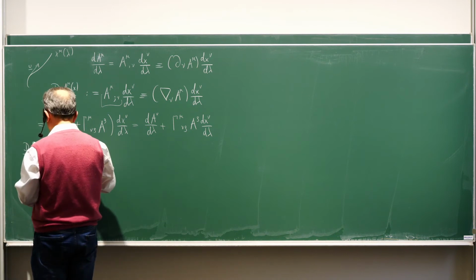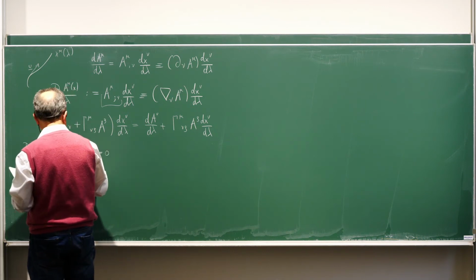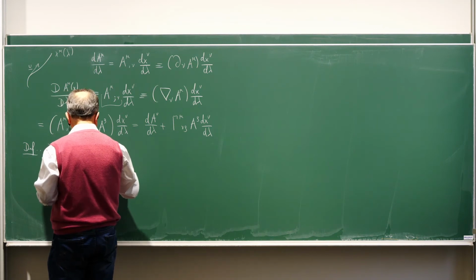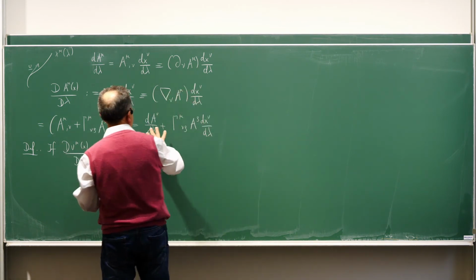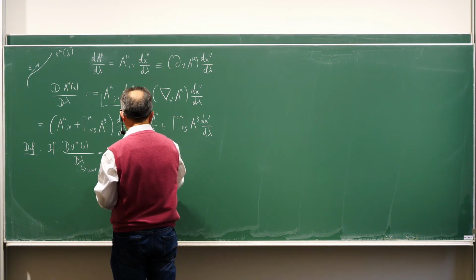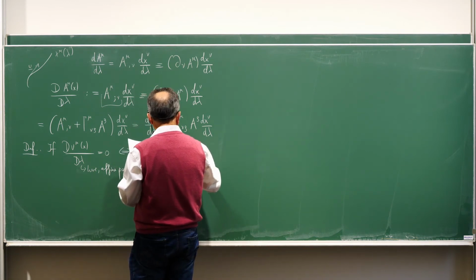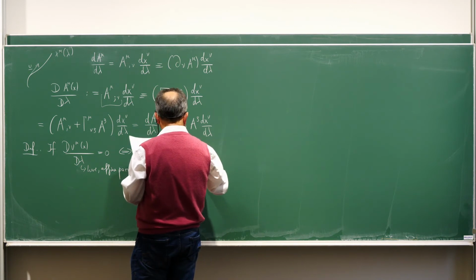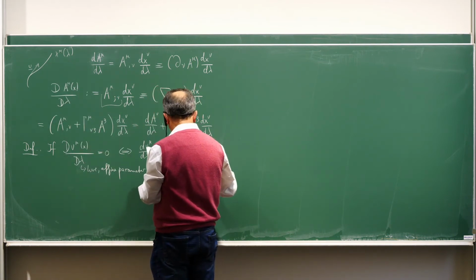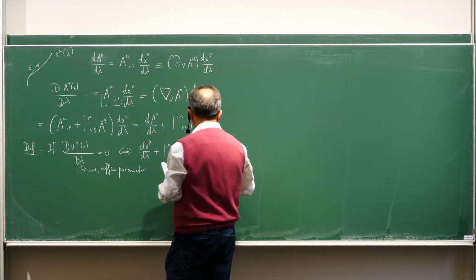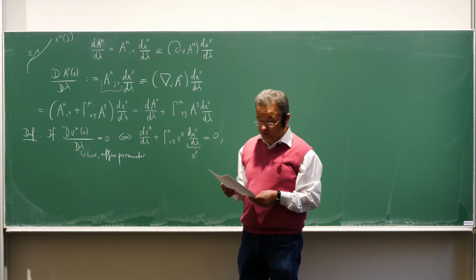If Dv mu of x over d lambda is 0, and we take here this to be an affine parameter, otherwise you would have an additional term, and if you write this out, this would mean dv mu over d lambda plus gamma mu nu rho v rho dx nu over d lambda, which is our 4-vector that gives you the tangent, is 0.